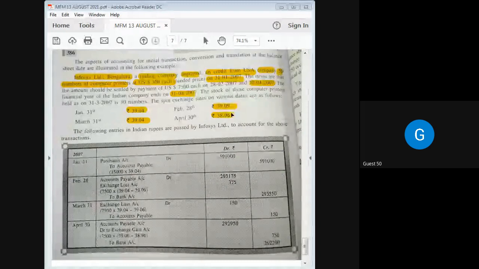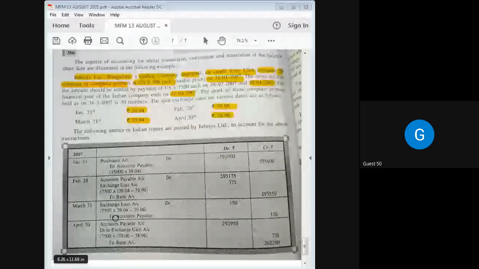And how much are we losing? 39.04 minus 39.09, so we are losing 0.05. So what we do? US dollars 7,500 times 0.05. Let me calculate it and find out whether the amount is given right or not.